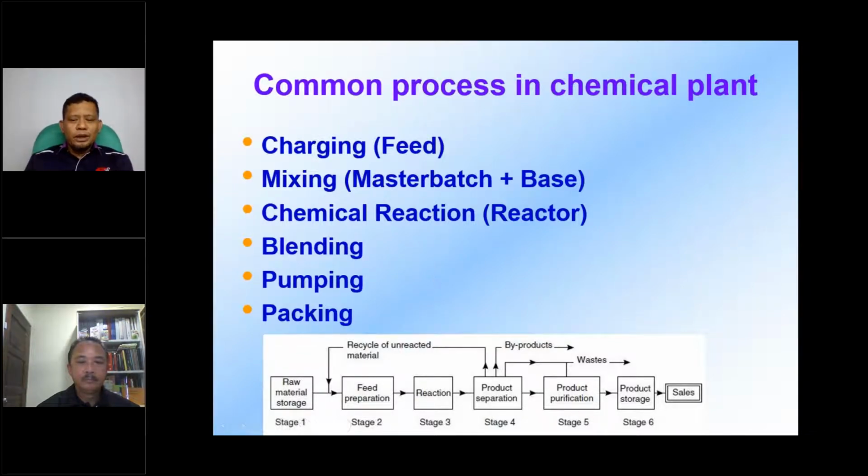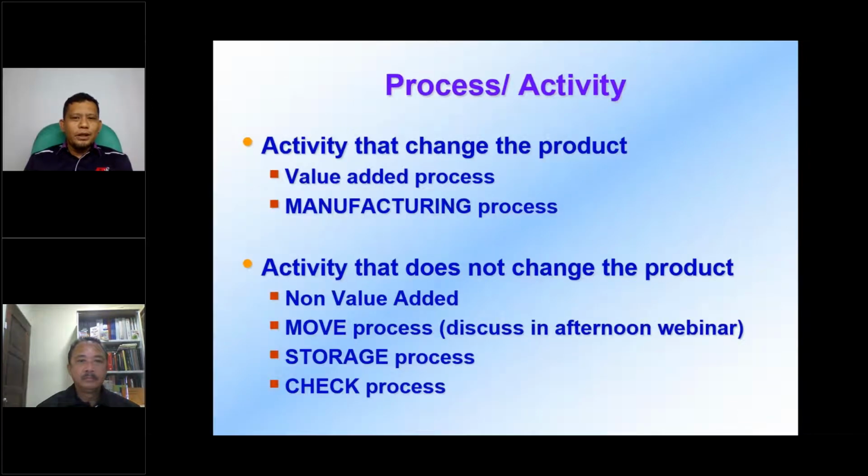So the question is, which one is considered as changing the physical nature of the product? One important point here: we talk about manufacturing and not trading, because it's under chemical access. Most of the companies are manufacturing companies, which means manufacturing activity changes the raw material.